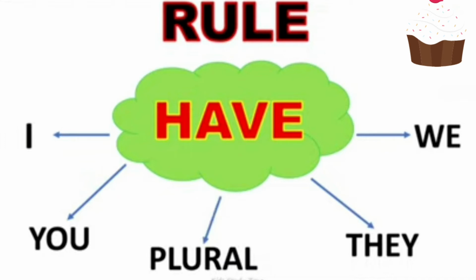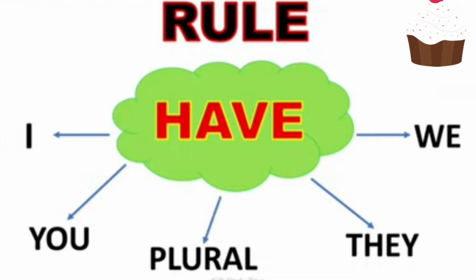When we are talking about our own selves and someone else around, that time we use we, and after we always use have. Other than this, we use have with I and you. And if there is any plural noun, after that also we always use have.